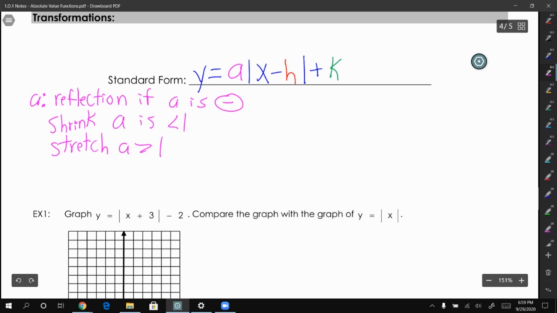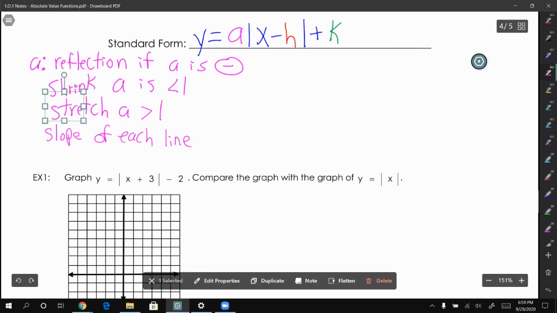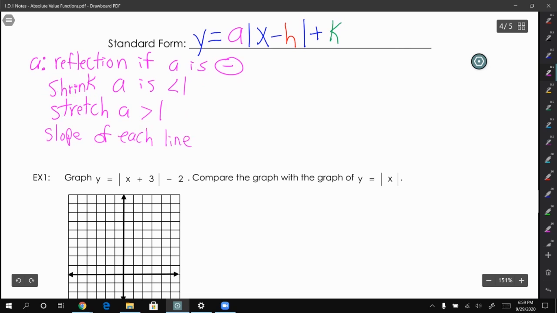And I'm talking about the actual number, not like -3 would be a reflection and would also be a stretch because 3 is greater than 1. And this also told us the slope. So slope of each line. So that A value tells us a lot.